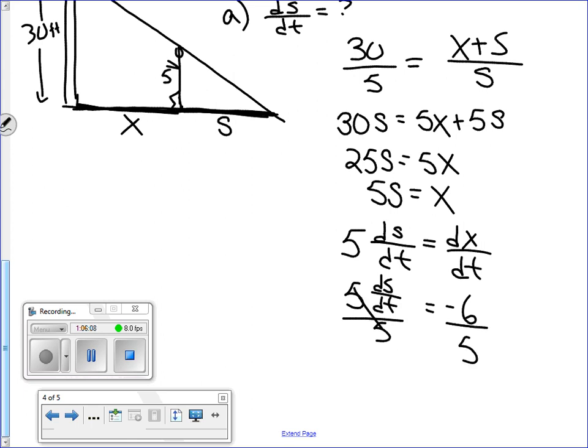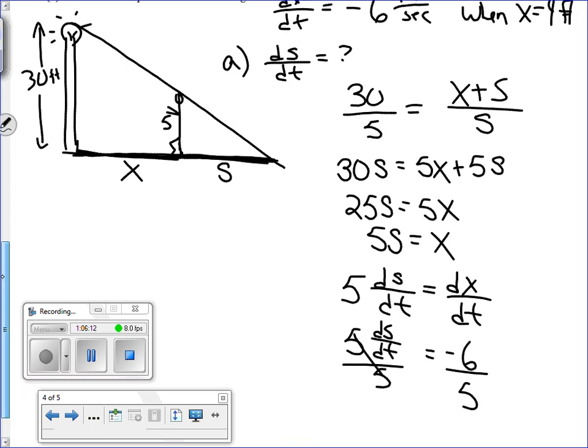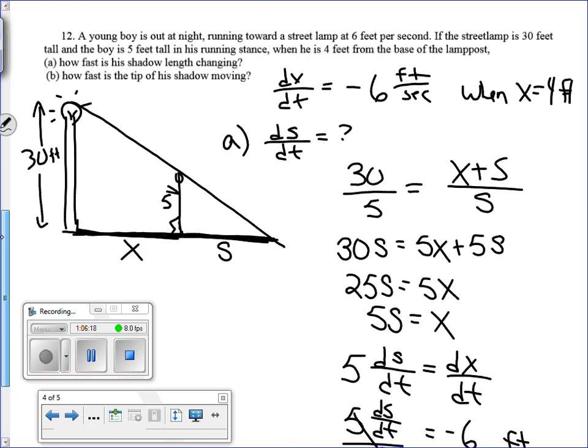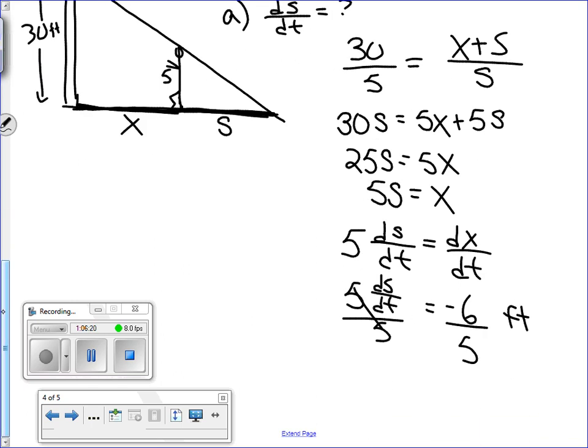So ds/dt equals -6/5. Now s is a length, measured in feet, and time is measured in seconds. So for part A, the rate at which his shadow length is changing is -6/5 feet per second.